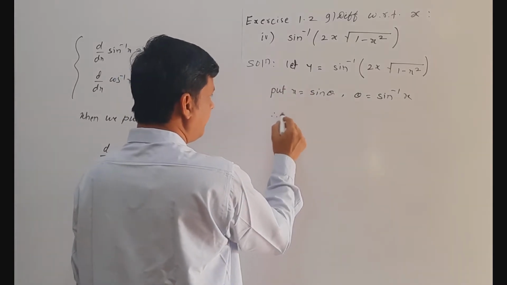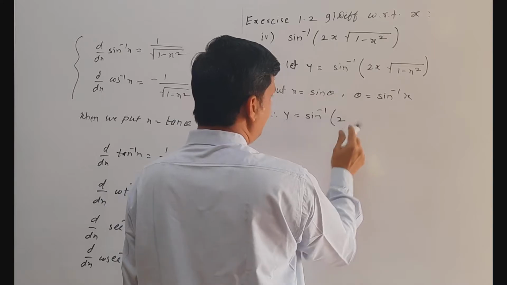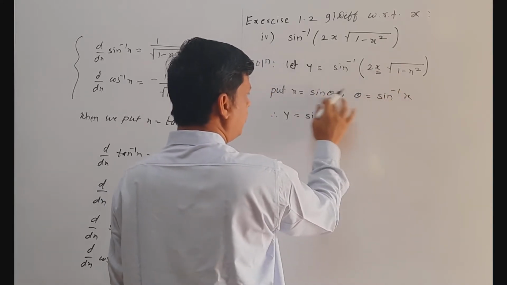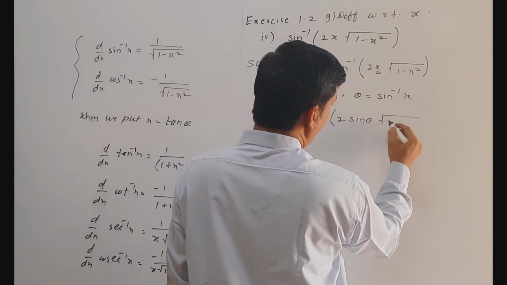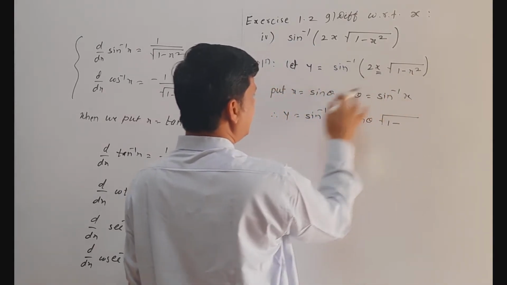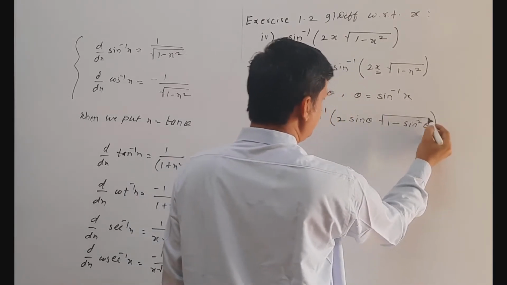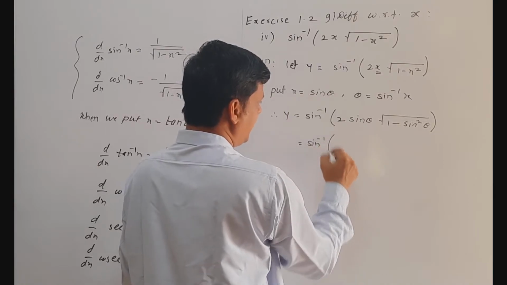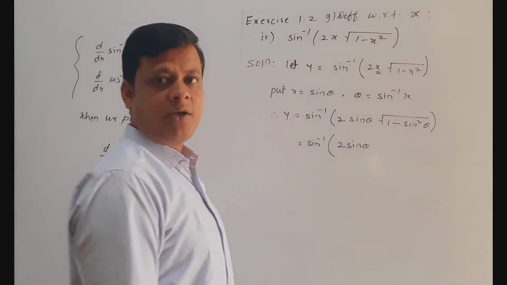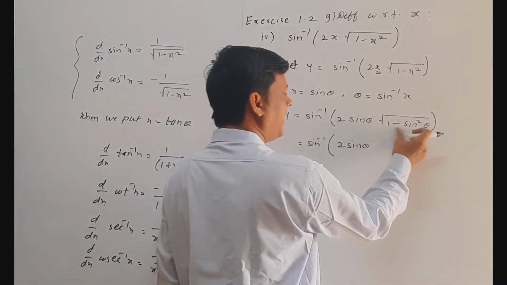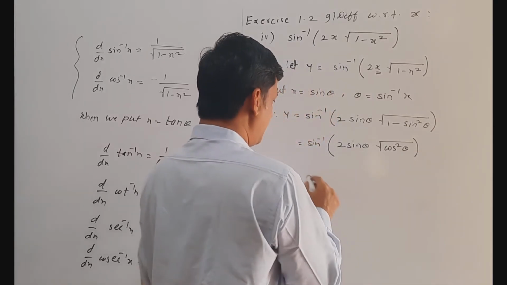Therefore y is equals to sin inverse of 2 into, in place of this x we have to substitute sin theta, so we write 2 sin theta, in root we write 1 minus, we replace this x by sin theta, so we write here 1 minus sin square theta. So write sin inverse of 2 sin theta into root 1 minus sin square theta. By using the identity we write 1 minus sin square theta as cos square theta, so we write root cos square theta.